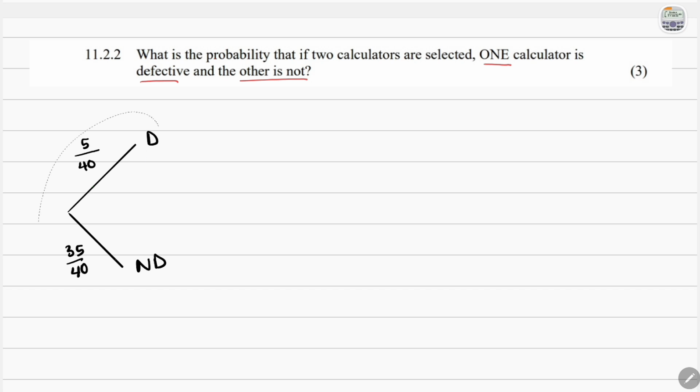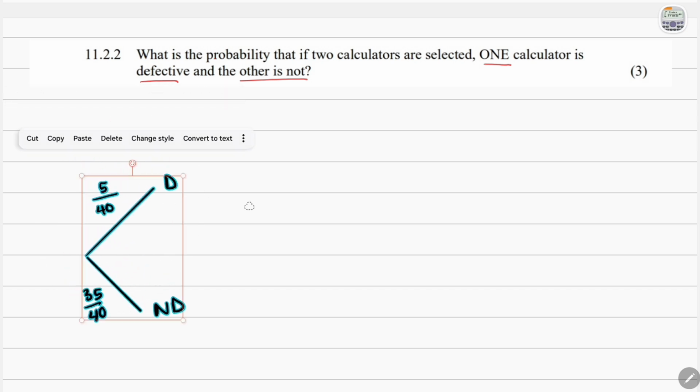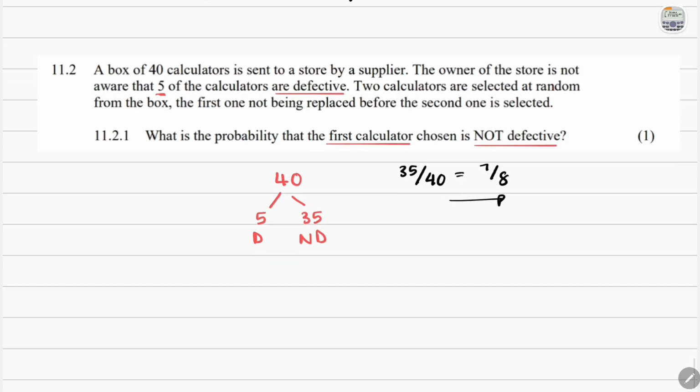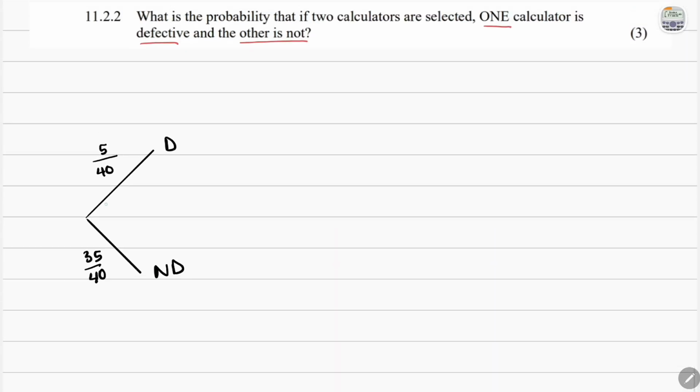Then remember that these calculators will not be replaced. Okay, they won't be put back as they said in the first part of this question. So the probability that you're going to pick out a defective calculator, if the first calculator that was picked was defective, means that there will be one less defective one, over a total of how many calculators?